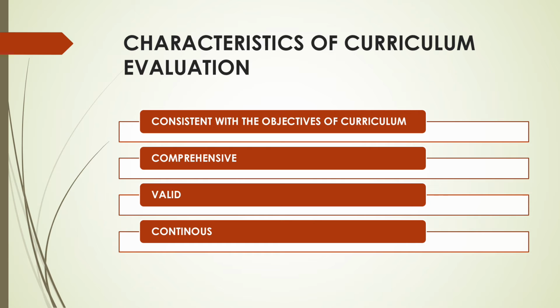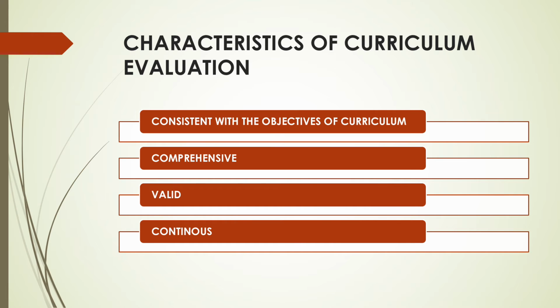The curriculum evaluation has certain characteristic features to it which should be followed to make it more objective. Evaluation should be consistent with the objectives of curriculum. It's a very natural step that we will evaluate whether the curriculum had been up to the mark or had been according to the objectives which were taken in the beginning.